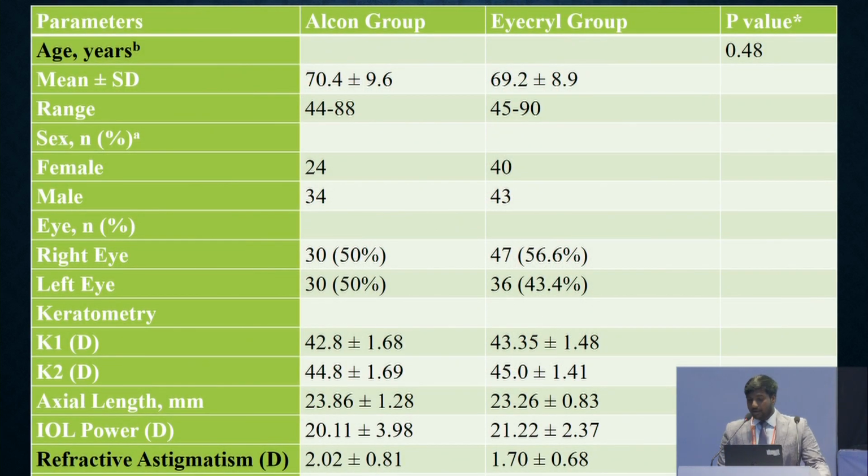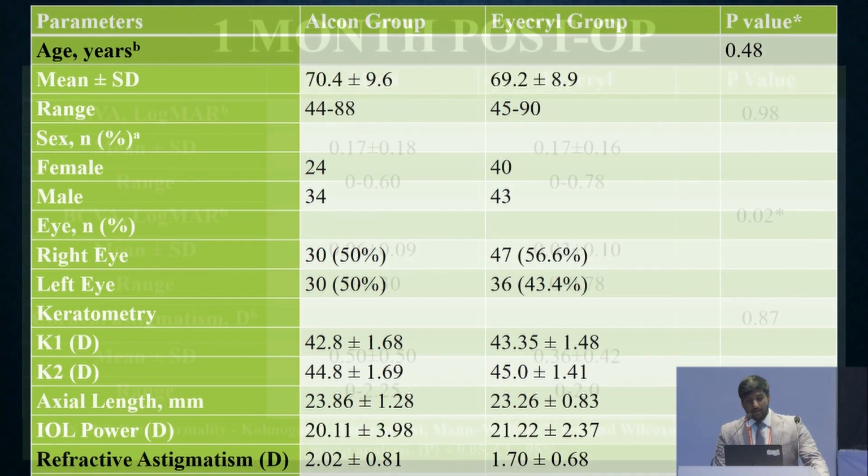These are the pre-op characteristics of both the groups. Age was statistically insignificant, and the refractive astigmatism for the Alcon group was 2 diopters pre-op and 1.7 diopters in the Icryl group, which was statistically significant. All these characteristics were calculated on a Lenstar 900.